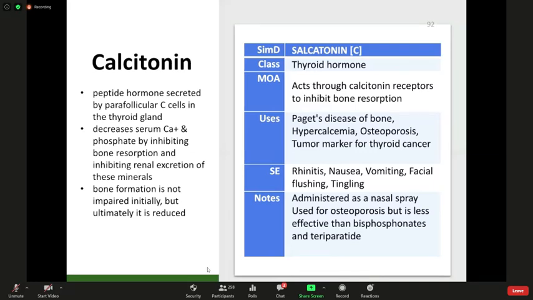It's actually good to give in the treatment of painful osteoporosis. Let's say you have vertebral osteoporosis and you want to rapidly stop the resorption and decrease the pain. Calcitonin, which is available as an intranasal spray, is typically the drug of choice for pain from osteoporosis. Yun nga lang, hindi na rin siya ganun ka-available lately.